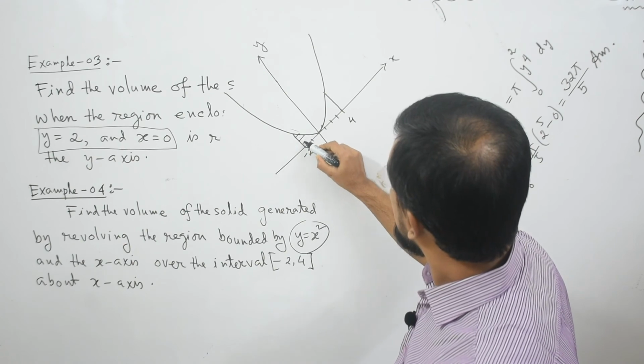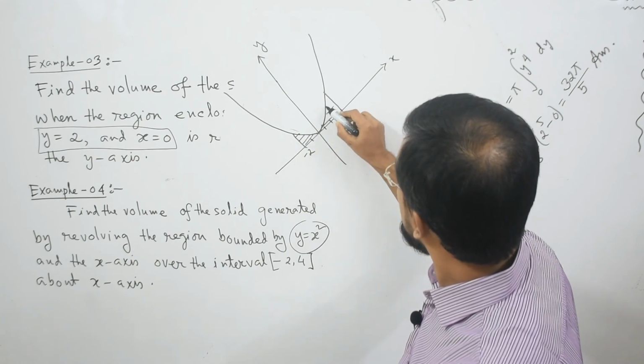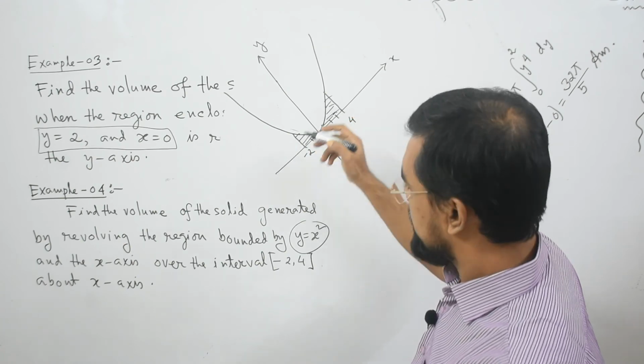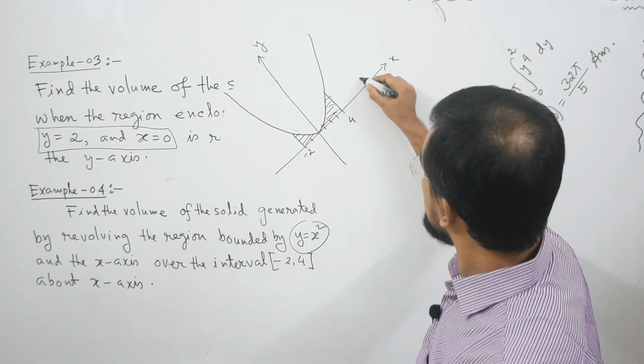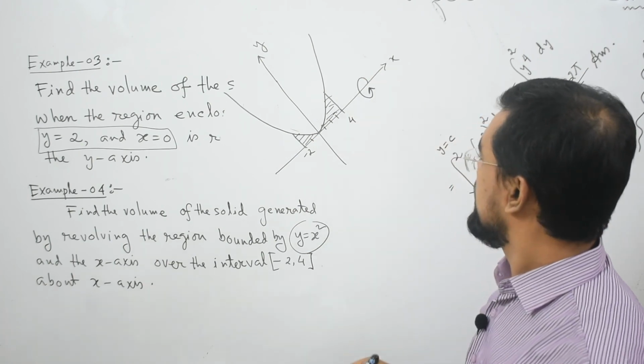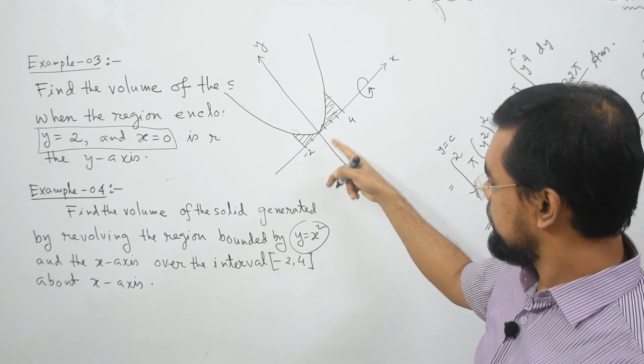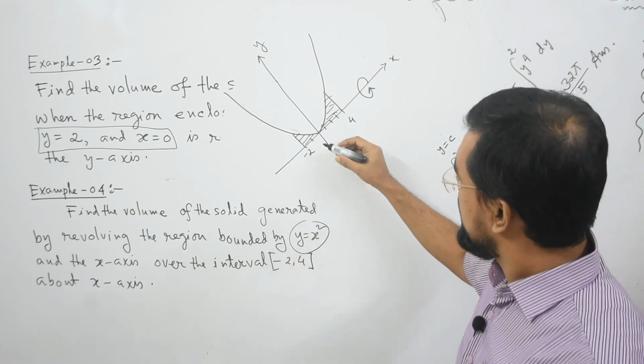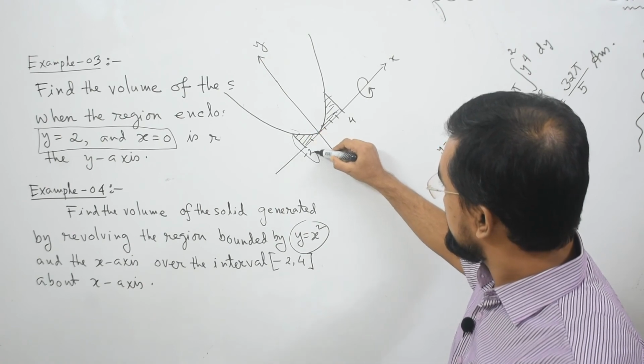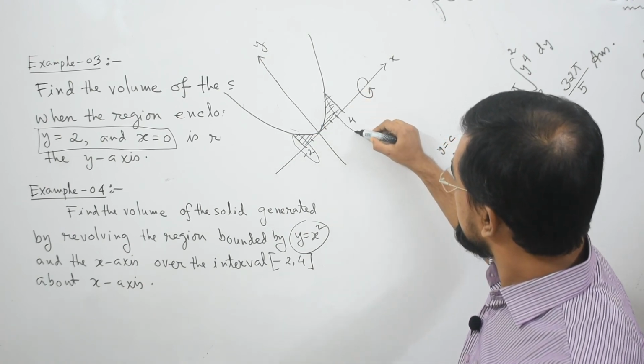So you need to calculate the volume of a solid if you revolve this region about the x-axis. If you revolve this region from minus 2 to 4 about the x-axis, then you will find a 3D solid like this.